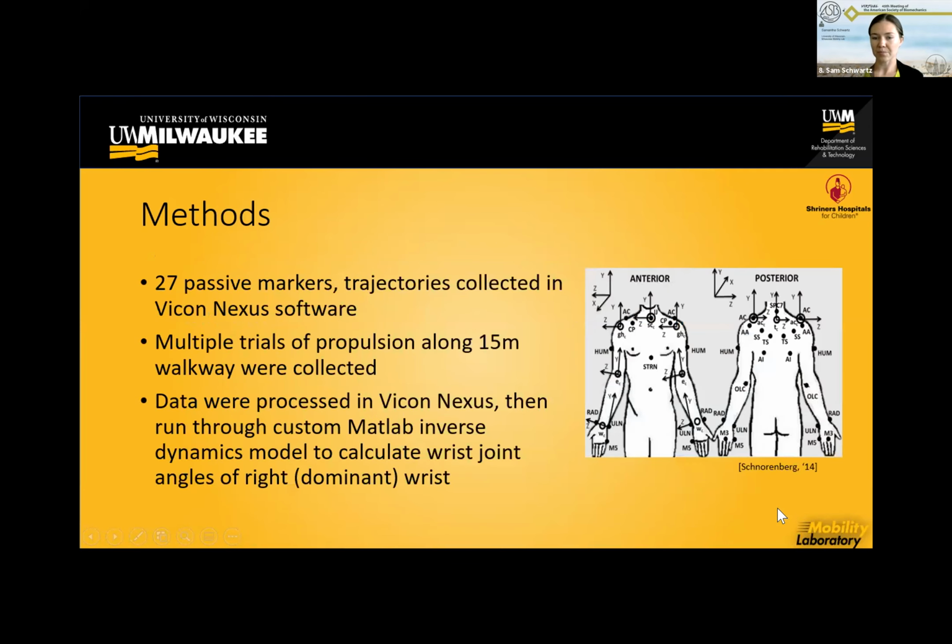We placed 27 passive markers on the participants and collected trials of them propelling along a 15-meter walkway at a self-selected speed and self-selected stroke pattern using Vicon software. The data were then processed in Vicon Nexus and run through our custom MATLAB inverse dynamics model to calculate wrist joint angles of the dominant hand, which was the right hand for all participants.